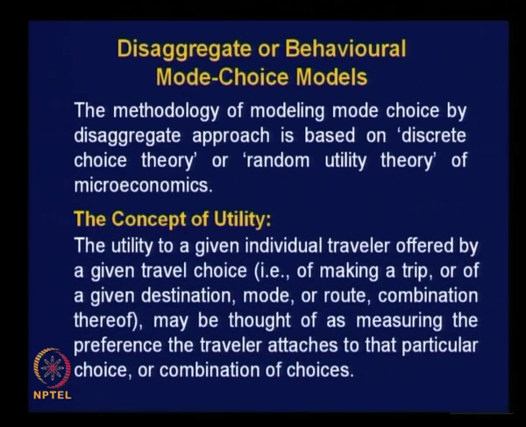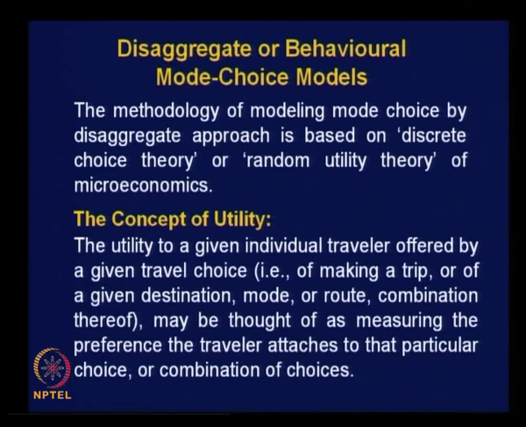This is the concept. The utility, or usefulness, to a given individual traveler offered by a given travel choice may be thought of as measuring the preference the traveler attaches to that particular choice or combination of choices. Choice could be with regard to a decision about making a trip or not, or choosing a route, or choosing a mode, or choice of destination, could be related to anything in general.